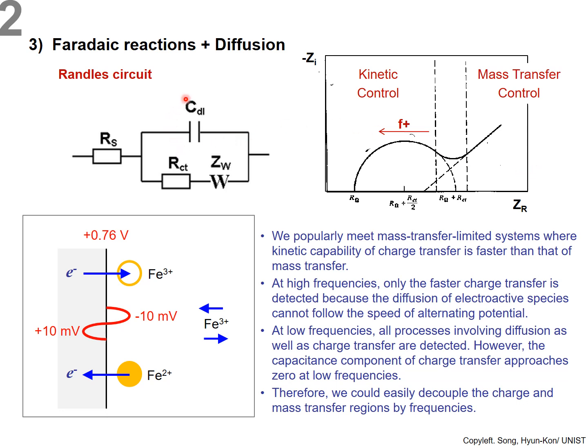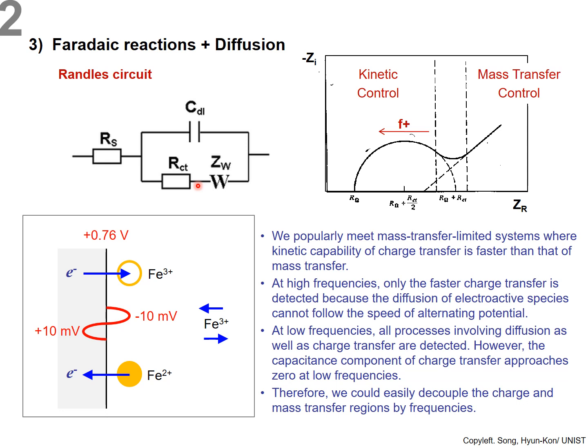At low frequencies, the capacitance value is going up. So the electron flows through the second pathway of charge transfer, not through the capacitance pathway. So RCT means the x component of the Nyquist plot.